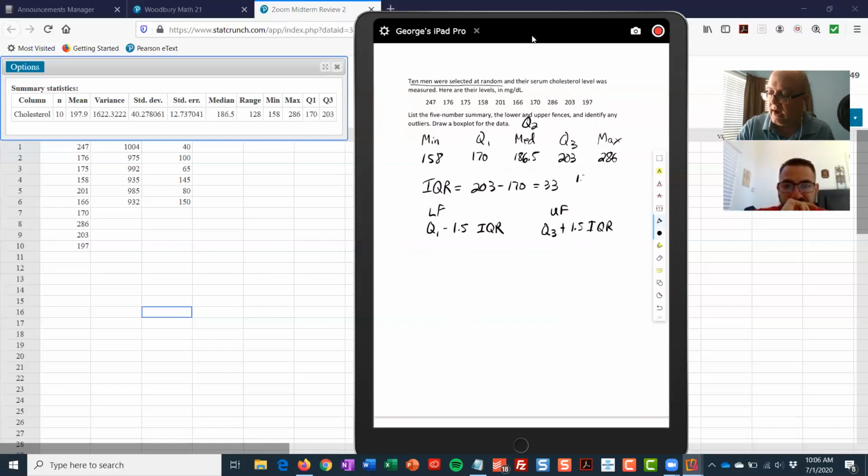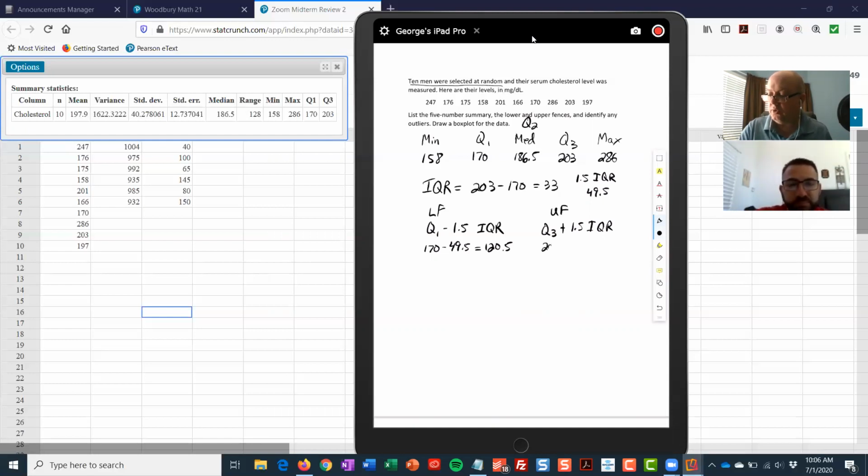So 1.5 times the IQR, 1.5 times 33, is 49.5. So I can just copy that into my formulas. 170 minus 49.5 is 120.5.